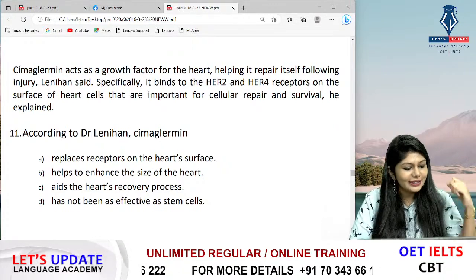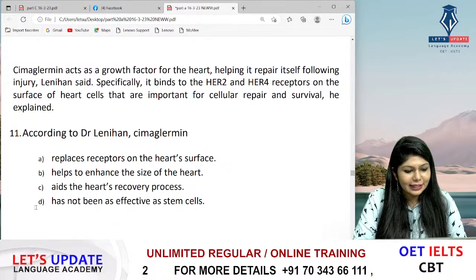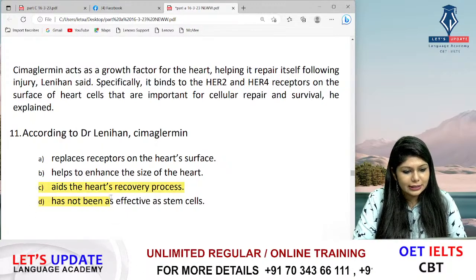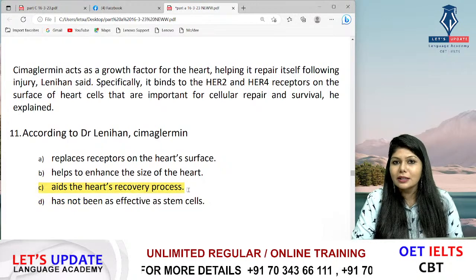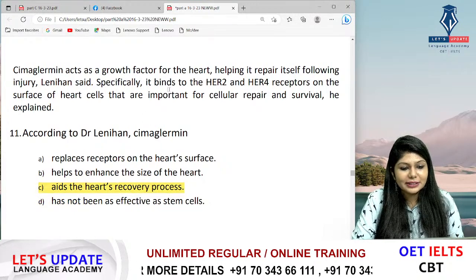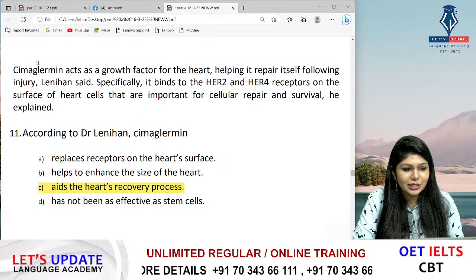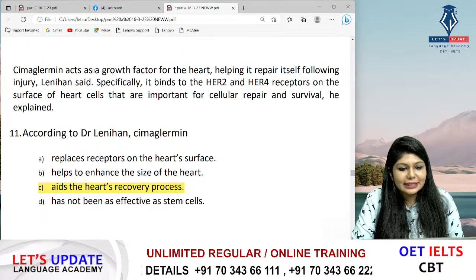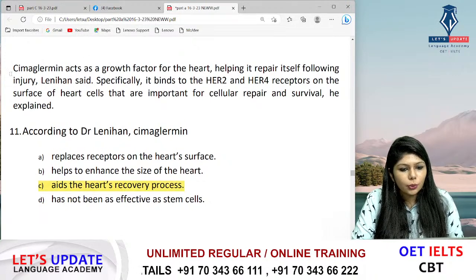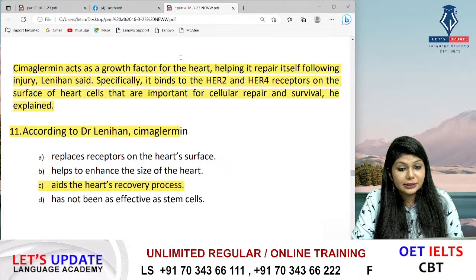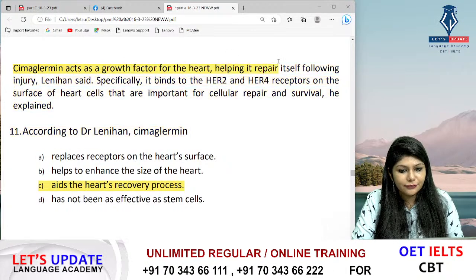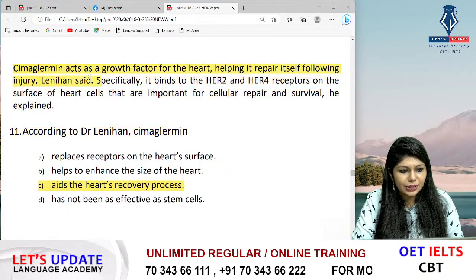So, let's look at the correct answer, and the correct answer for this question is option C. The reason why it's C is because it's mentioned here: it acts as a growth factor for the heart, helping it repair itself following injury.